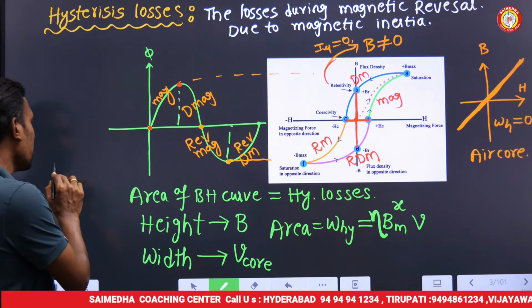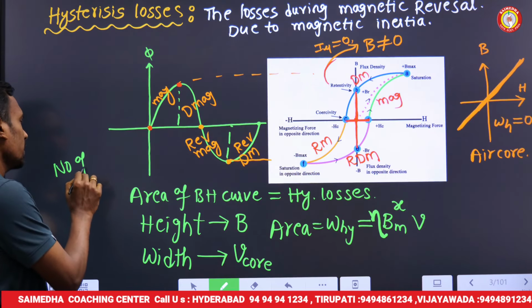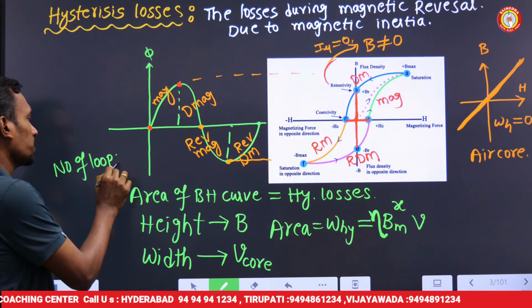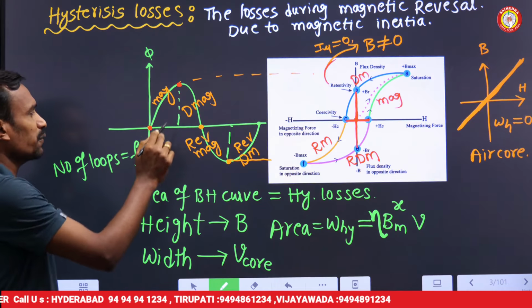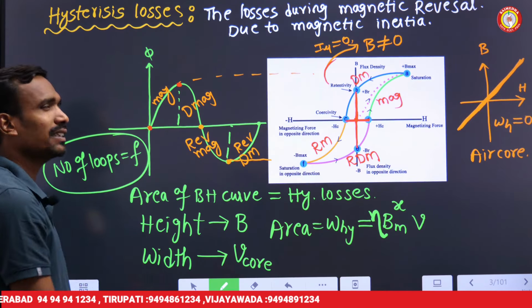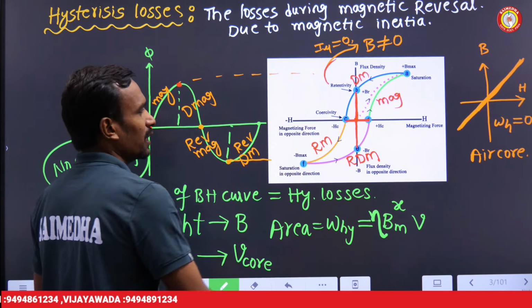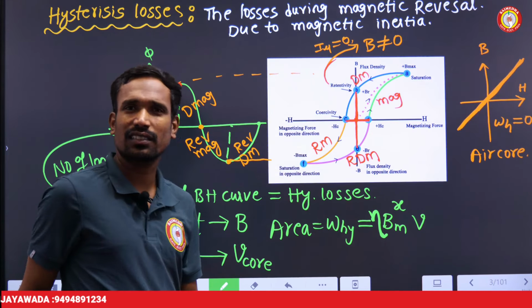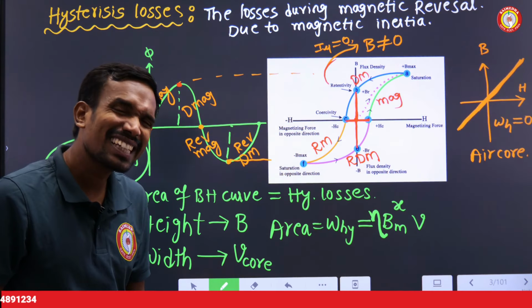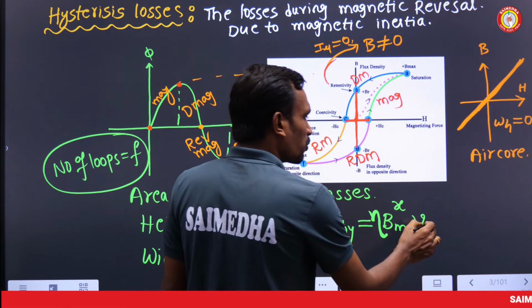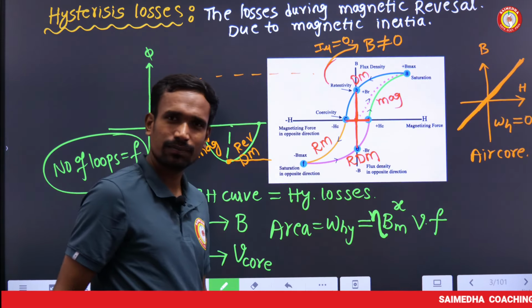But the number of loops is decided by the number of cycles, and the number of cycles is decided by frequency. So for 50 hertz, 50 cycles; for 60 hertz, 60 cycles. We need to calculate for all the cycles.